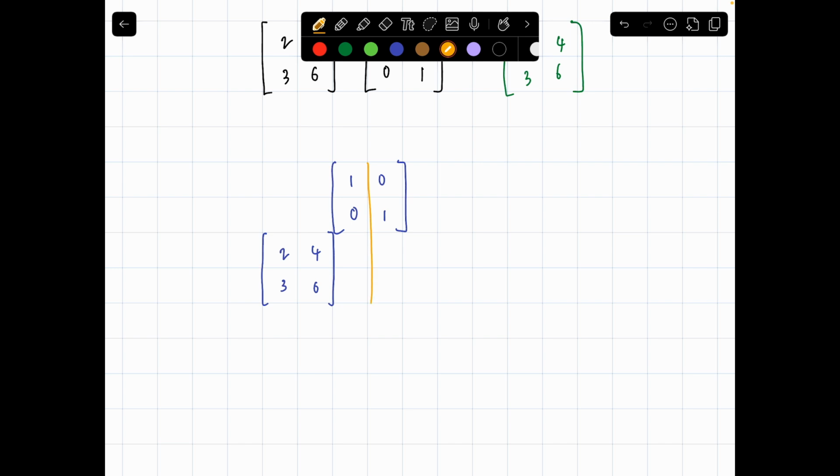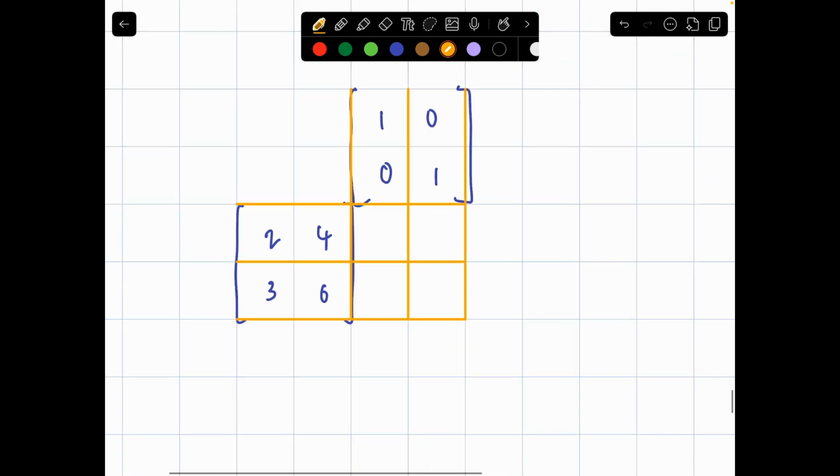Right, 1 here, 1 here. Right, this should do it. Let's see. 2 times 1 and 4 times 0. Then we have to add these two together. If this is confusing for you, please take a look at the other video. I've explained in great detail in that particular video.